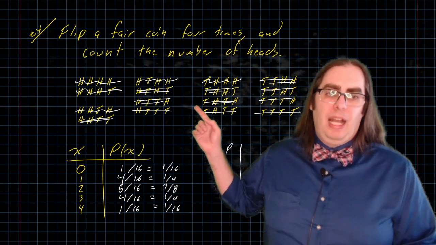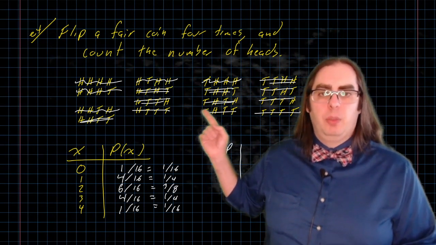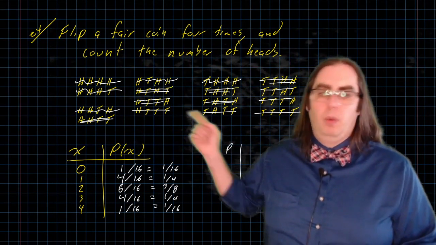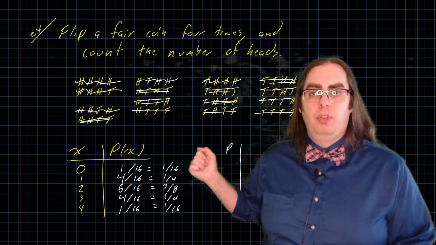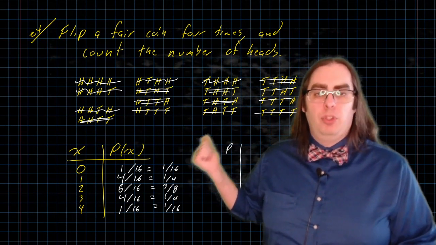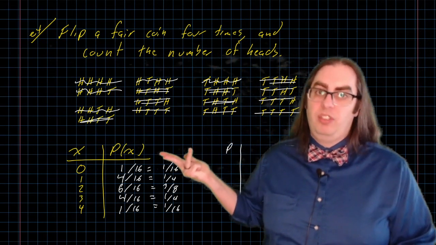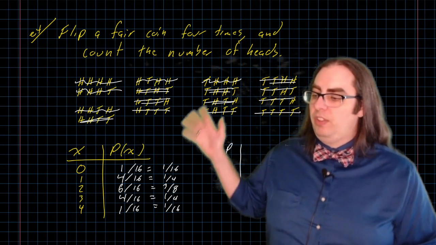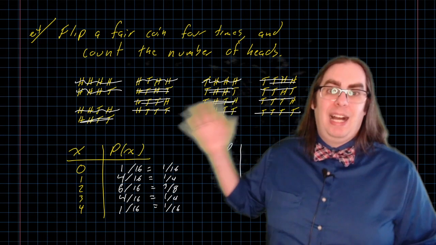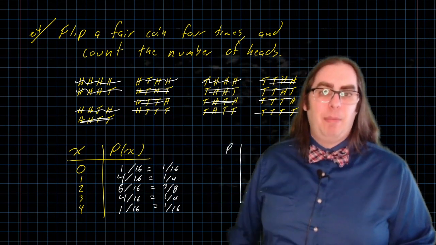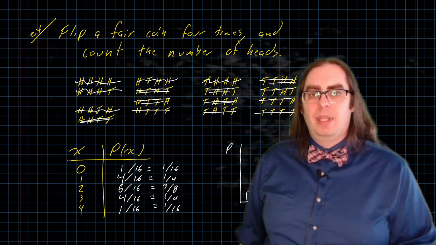Right? How do you know that you have every possibility here when you flip 4 coins? Well, each coin has 2 possible outcomes, and you do it 4 times, so 2 times 2 times 2 times 2 is 16. I know there should be 16 things. I list them all out. I get 16 things. I must have gotten everything.